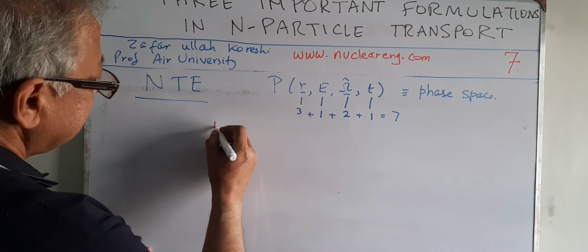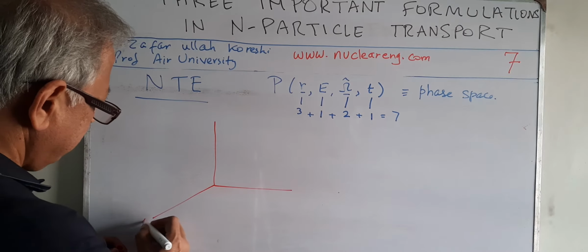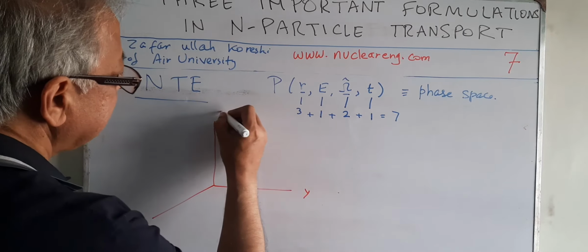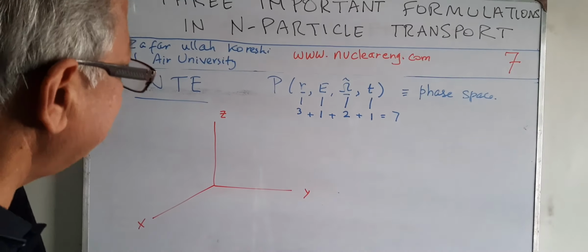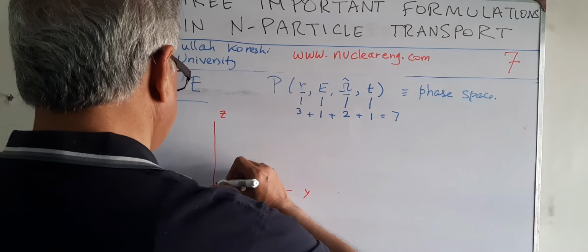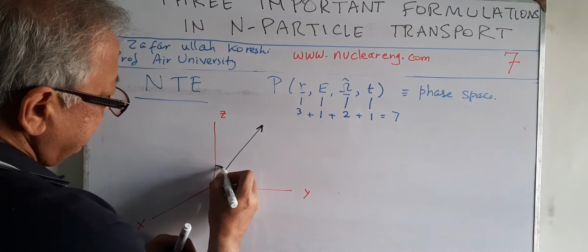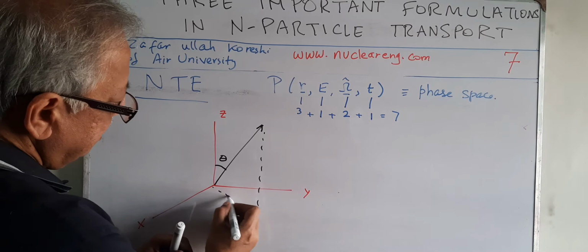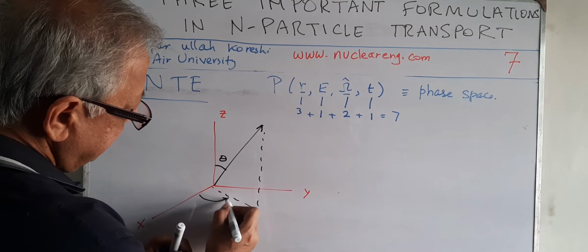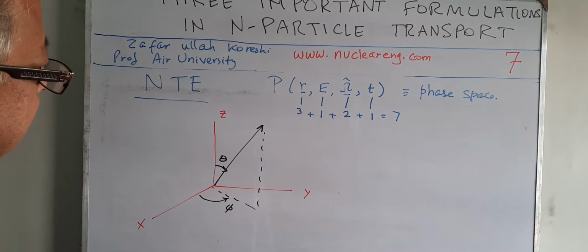So the diagram is that let's talk of 3D Cartesian space with x, y, and z. When a particle is traveling, let's say it's traveling in that direction. This direction means that it has a polar angle theta over here and an azimuthal angle phi over here. Let me draw the vectors.